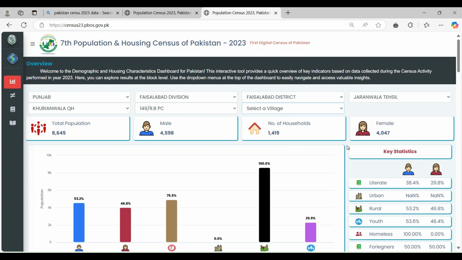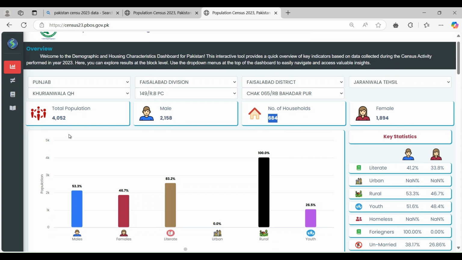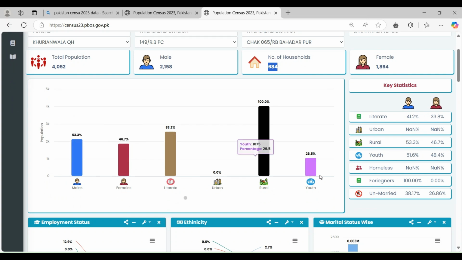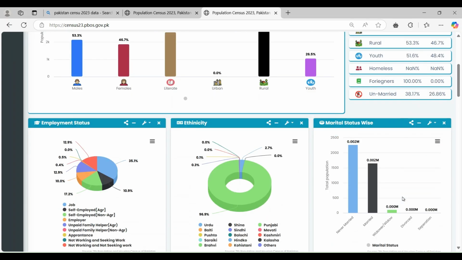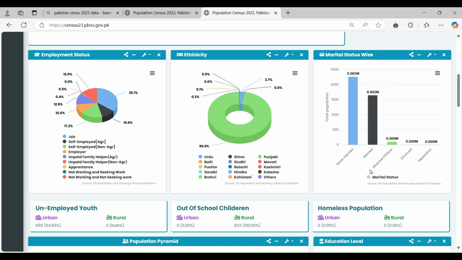Here we have this information: total number of households, 684 in this village, and total male population, female population, and then the total population. You can see the infographic is very nice. It looks like a very good way to disseminate the information, and then you have some key statistics on the side. You have employment status and ethnicity, and the marital status as well.